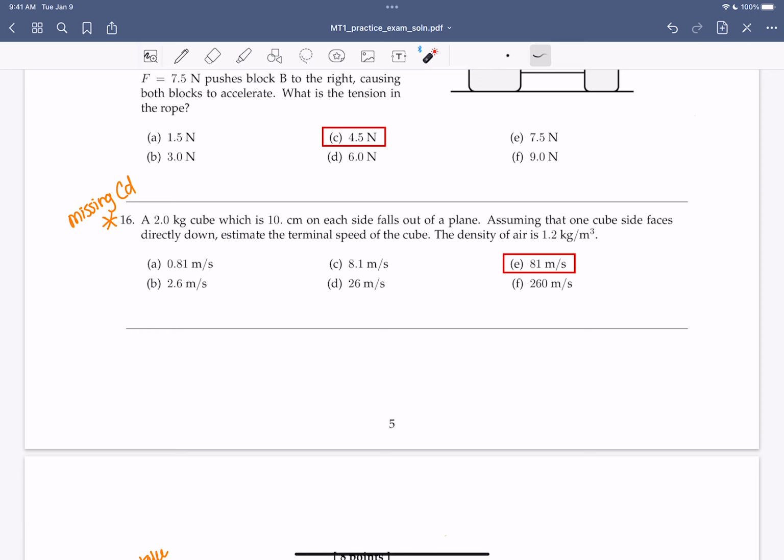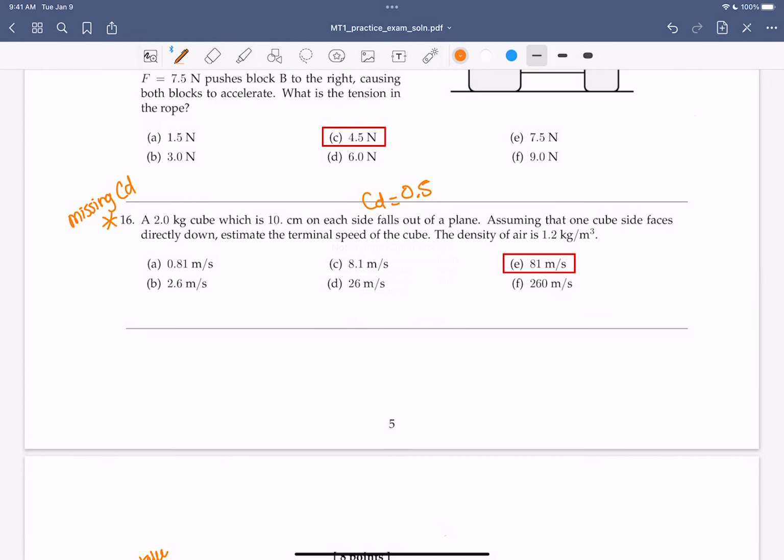Yeah, the answer is 81. I'm assuming they still don't give you the drag coefficient. Oh, okay. Well, I take back everything I said about the professors. Okay, cool. So the drag coefficient is 0.5. Any other information missing, or am I good to go?